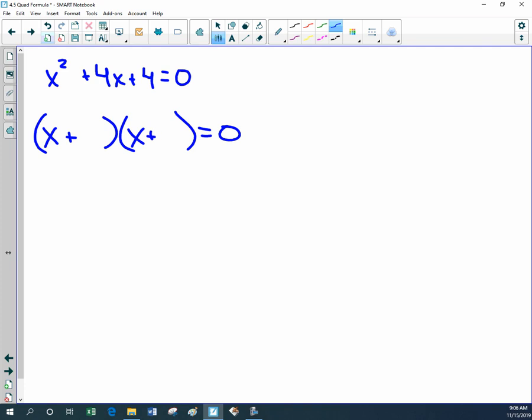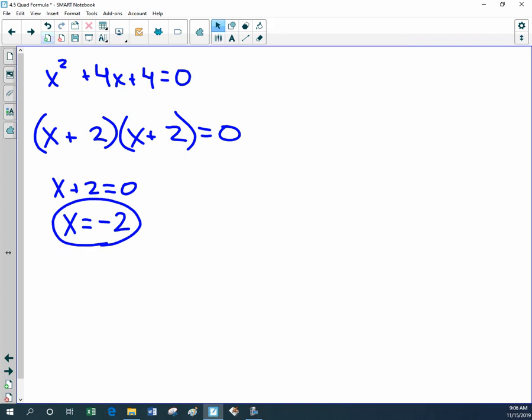The factors of 4: 1 and 4, 2 and 2. What's it going to be? 2 and 2. Both sets of parentheses are the same, so just set one of them equal to 0 and solve. So we get x equals -2. So there's our solution from factoring.